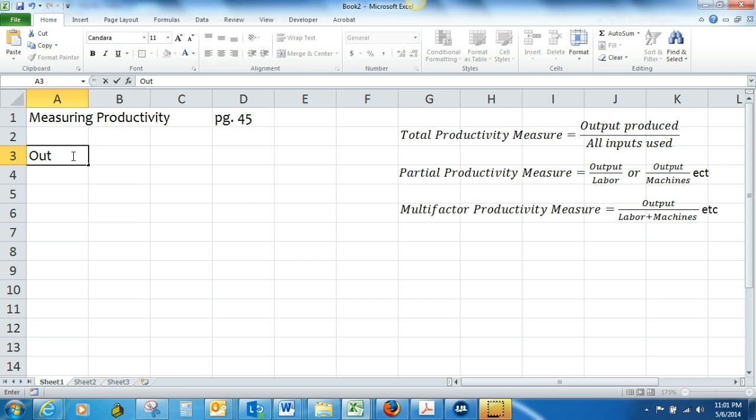So it says that their output is $10,200. And the value of their inputs, such as labor, materials, and capital is $8,600. So their inputs are $8,600. And you want to measure productivity.